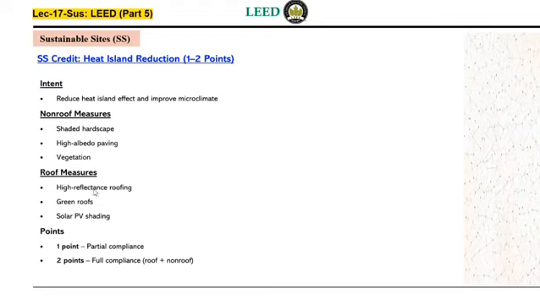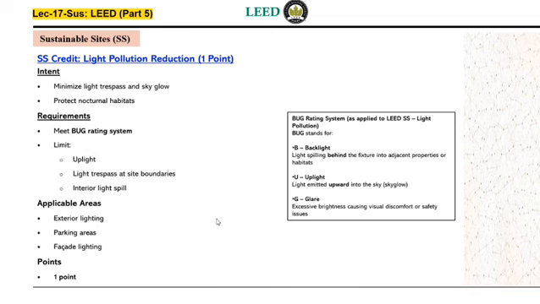Roof measures include high reflectance roofing, green roofs, and solar PV shading. Points: 1 point for partial compliance and 2 points for full compliance. Full compliance means roof and non-roof.